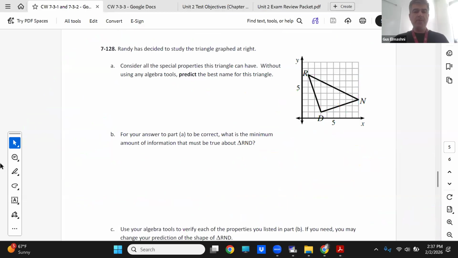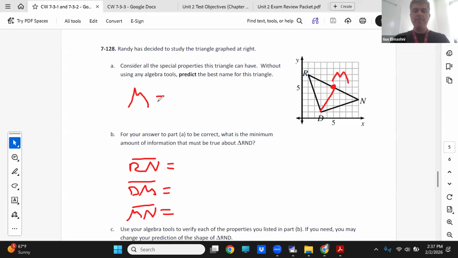So let's figure out point M. And we're going to connect this. So we got to find RN. Let's do it again. We got to figure out RN. We got to figure out DM. And we got to figure out MN. Well, first of all, what's point M going to be?